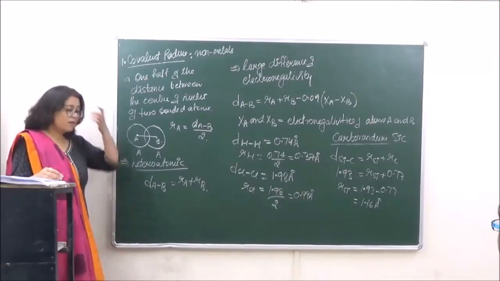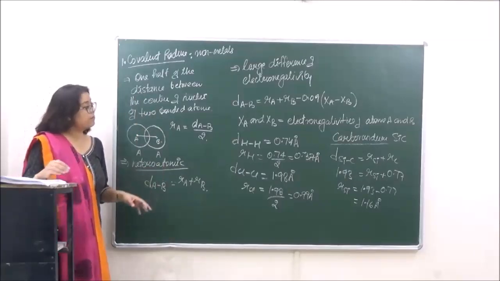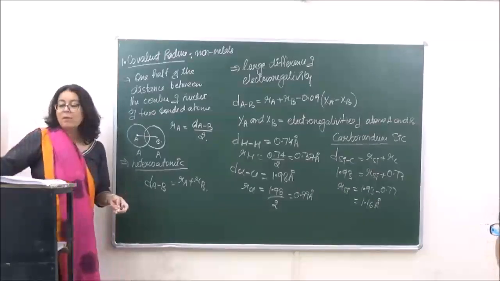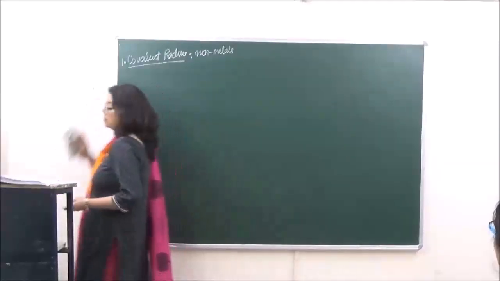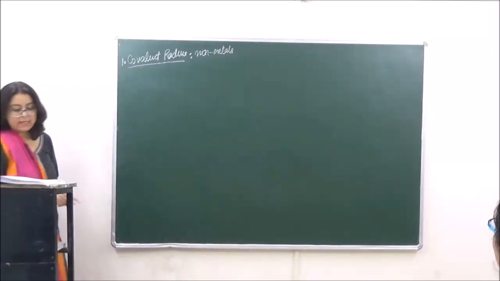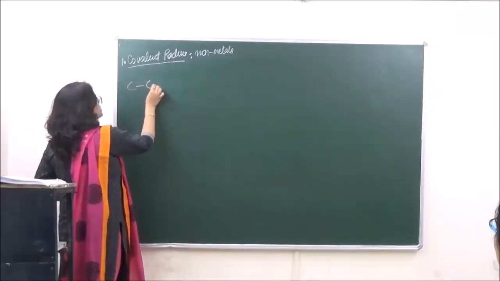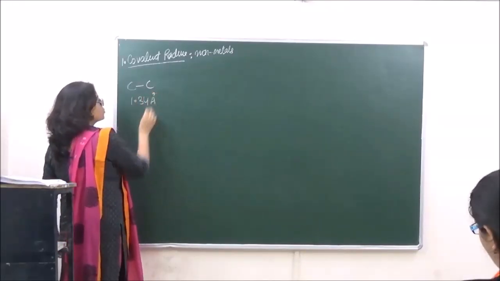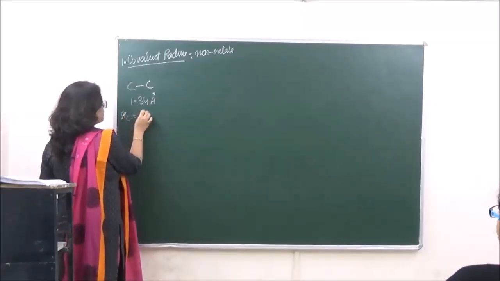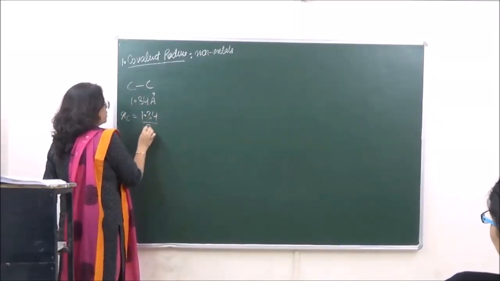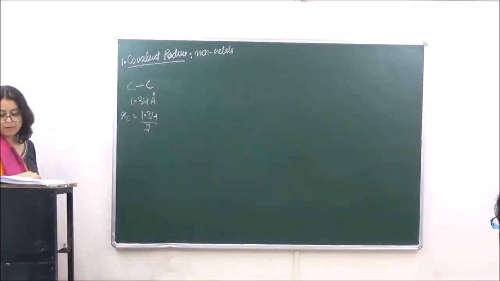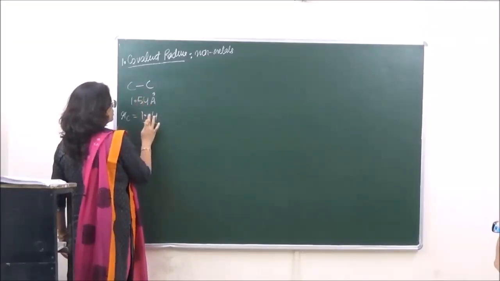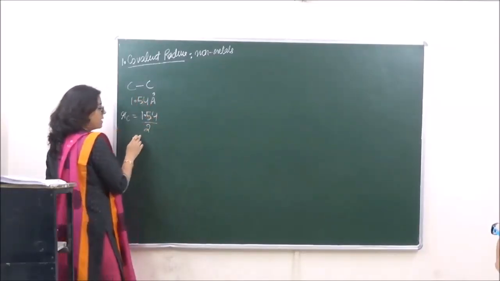Okay, clear? Now when we are talking of over here, we have only spoken of single bond. Let's calculate the radius if there is a double bond present. Like when we are talking of single bond of carbon-carbon, we say that the distance is 1.54 angstrom. So the radius of carbon over here will become equal to 1.54 divided by 2.